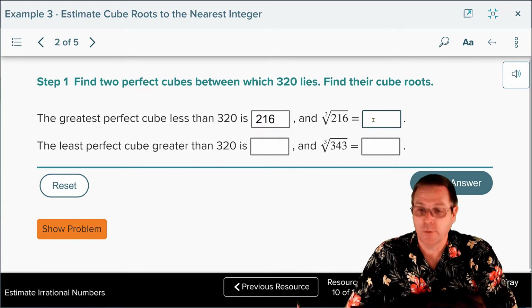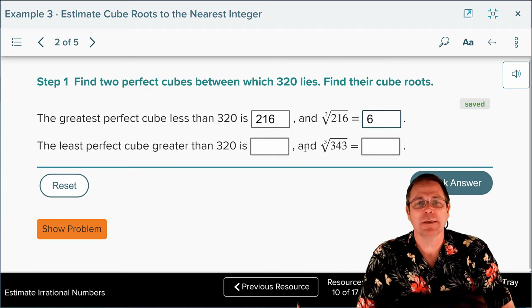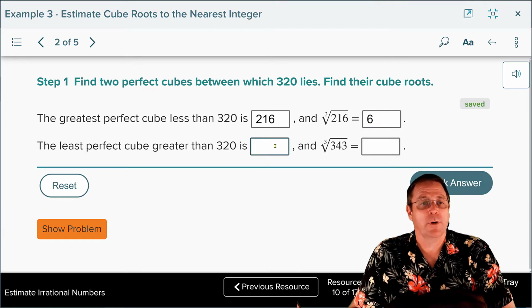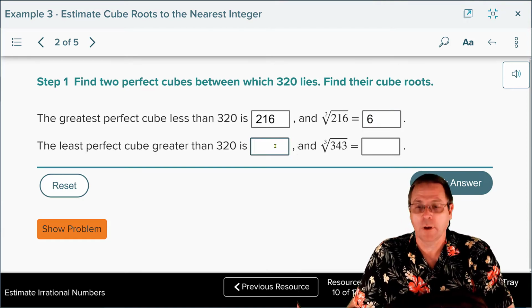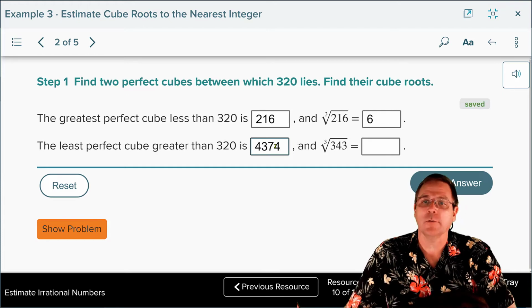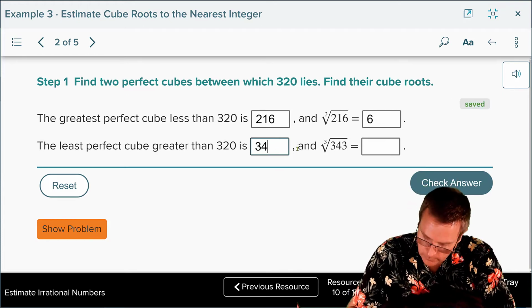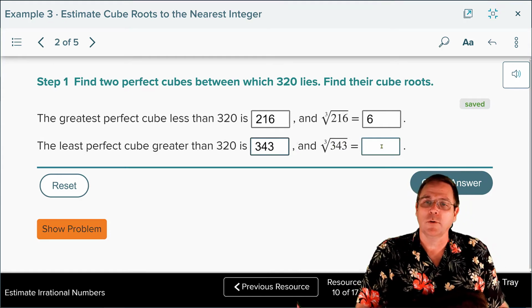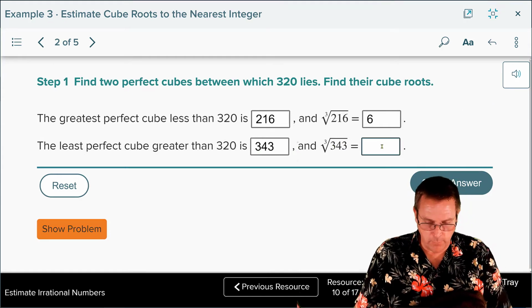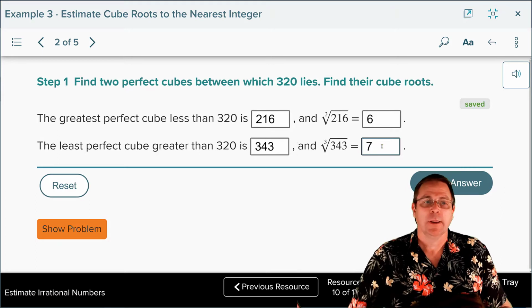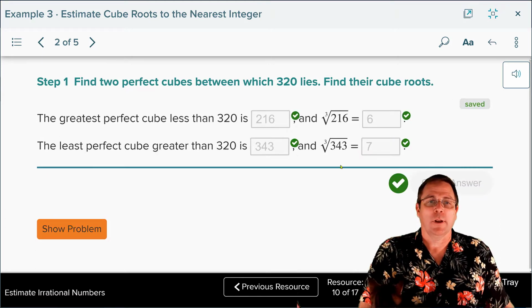And the cube root of 216, that's going to be 6. The least perfect cube that is greater than 320, that's going to be 343. And of course the cube root of 343 we have already discussed is 7. Check your answer, and your answer checks.